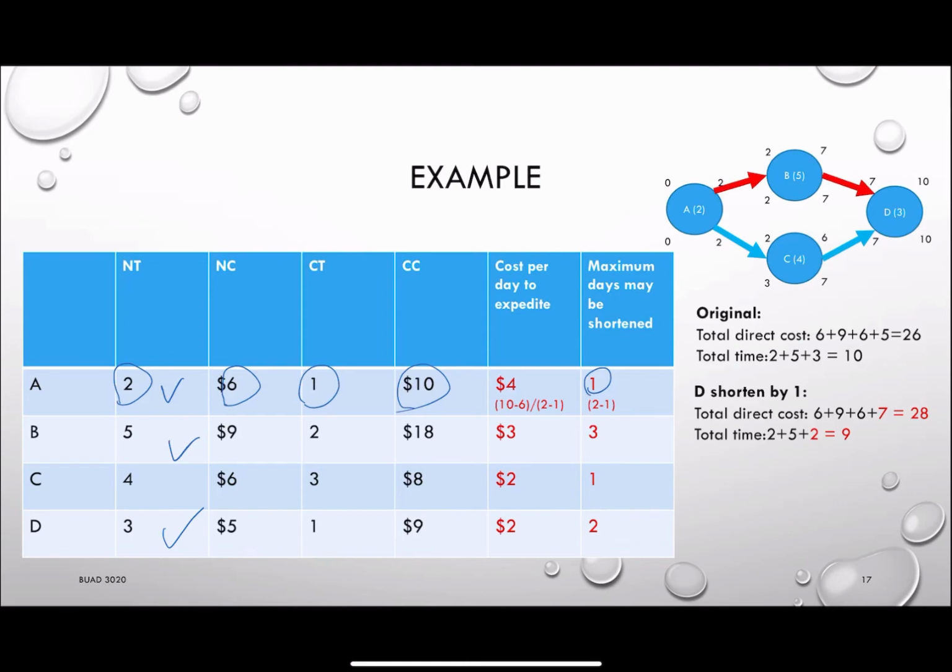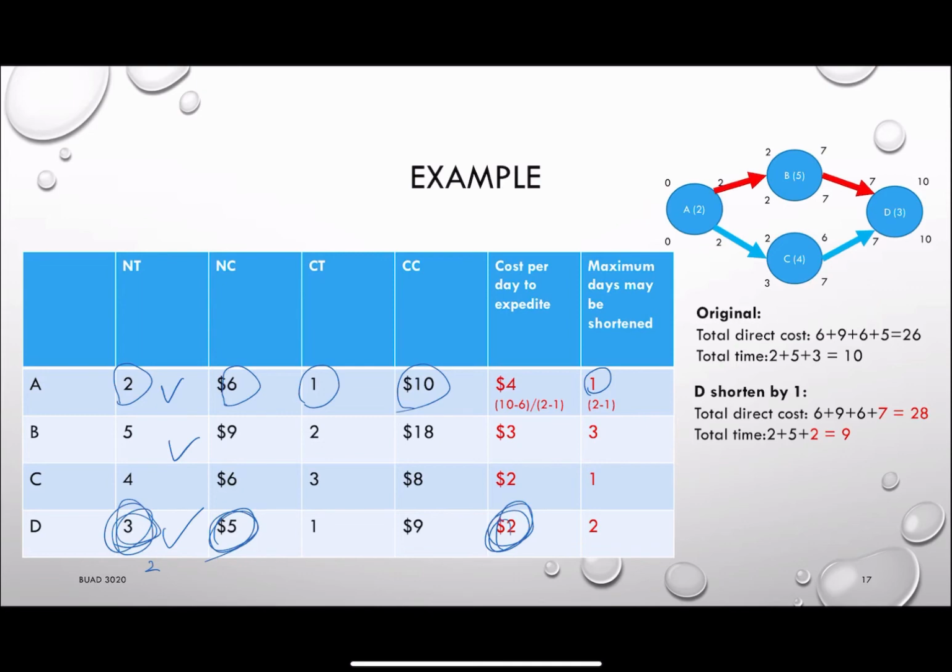Then the total direct cost will become $7, because the original cost is 5 and reducing 1 unit costs 2 additional dollars. The duration will become 2, because originally it was 3.